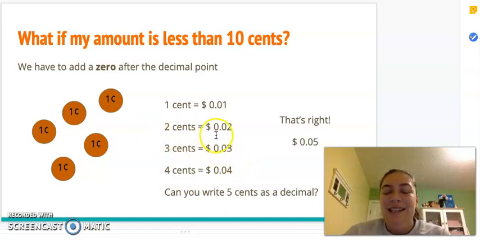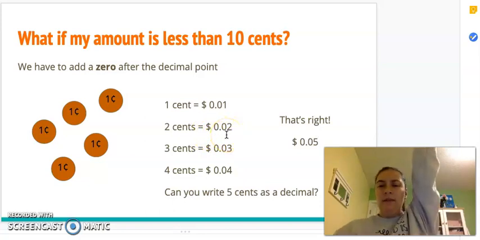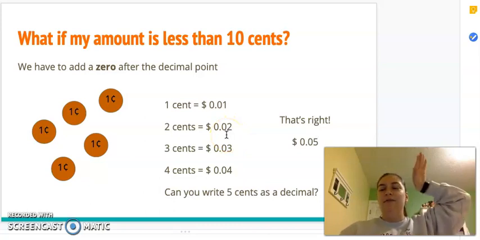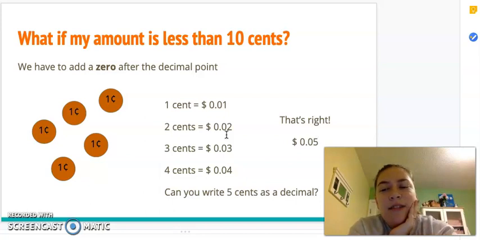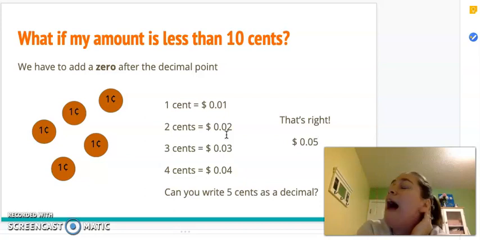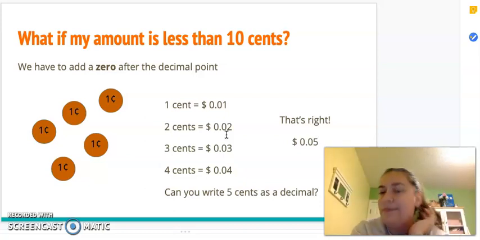So then 2 cents, it does the exact same thing. You just put a 2 right there. So dollar sign 0.02. Miss Minton, hello. Yes, it's me. Why do you have a 0 in front of the decimal point when clearly you said you just have to add a 0 after the decimal point?